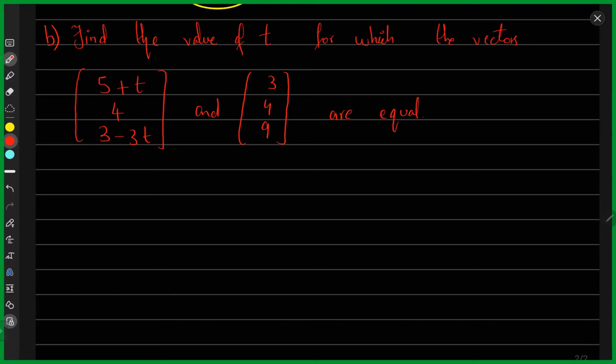Okay. So find the value of t for which the vectors (5 plus t, 4, 3 minus 3t) and (3, 4, 9) are equal.